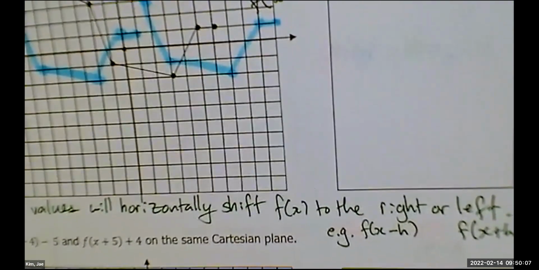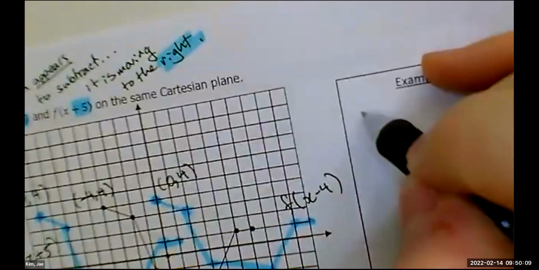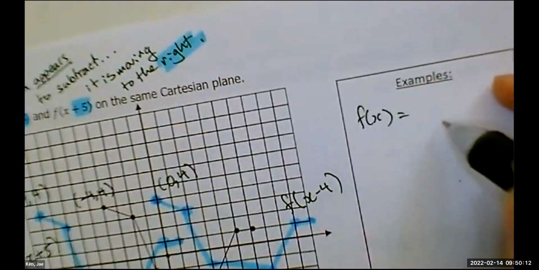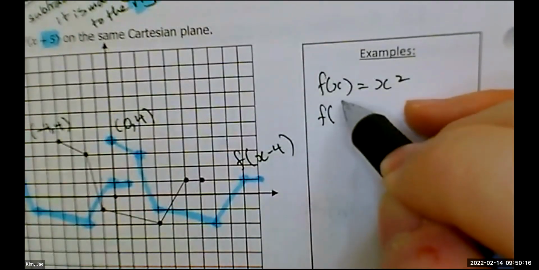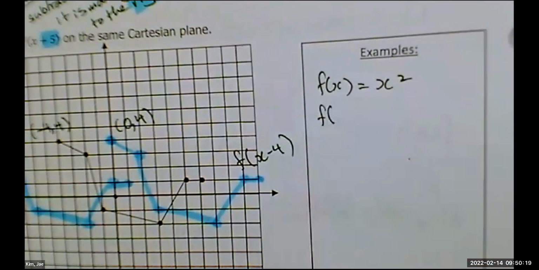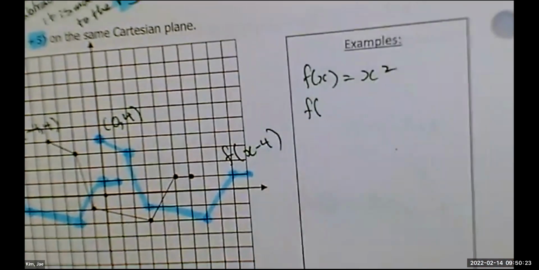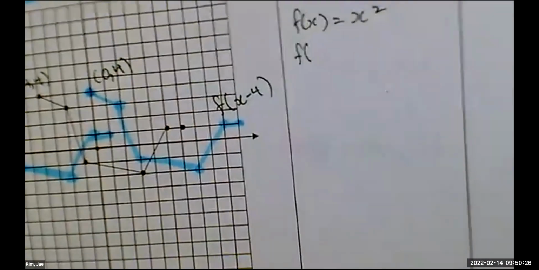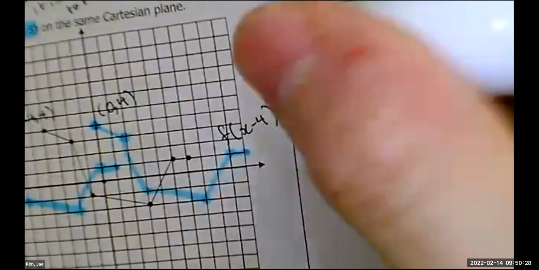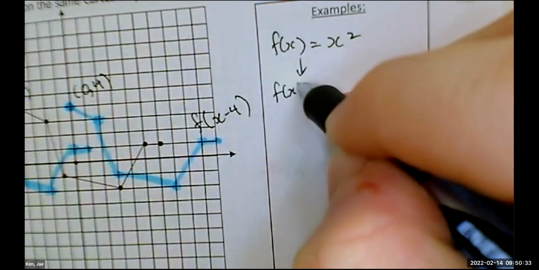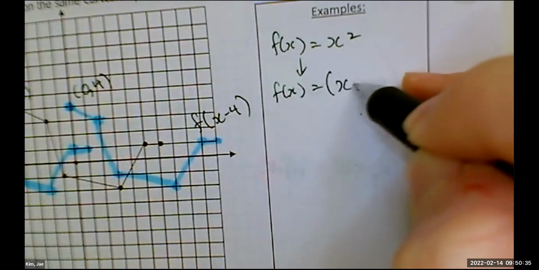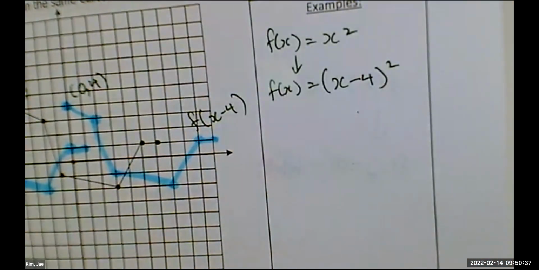So some examples of being subtraction. If f of x was x squared, then that will be transformed into x minus 4 squared, shifting it to the right.